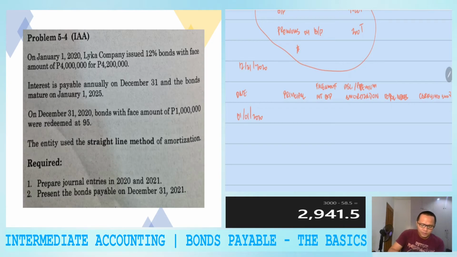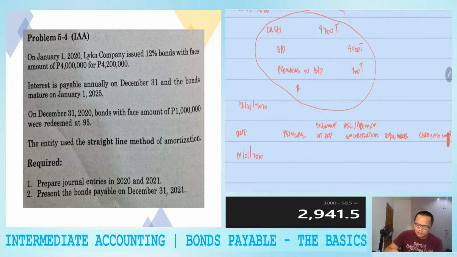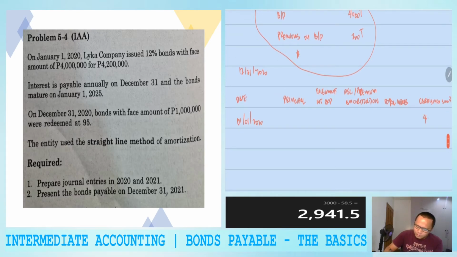Ngayon, on January 1, 2020, obviously, our carrying amount is 4,200,000. Di ba? Face amount plus the premium. Ngayon, 12/31, 2020, that is the first payment of interest and amortization. Di ba?